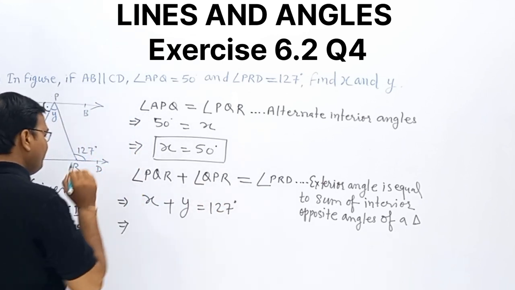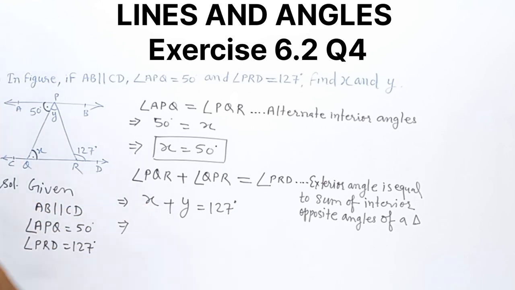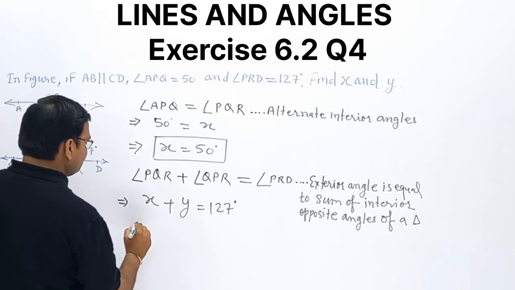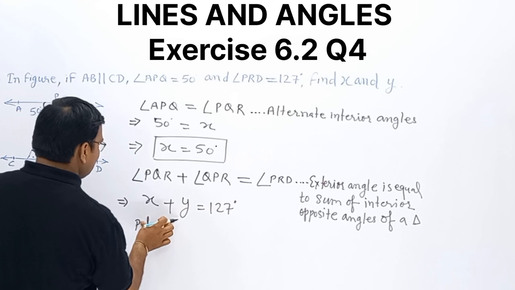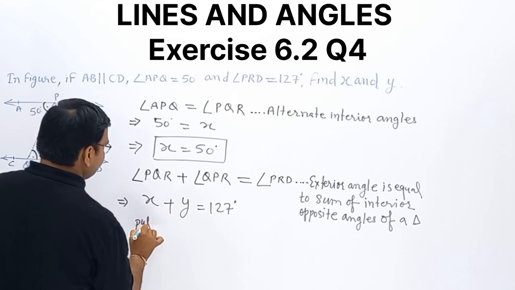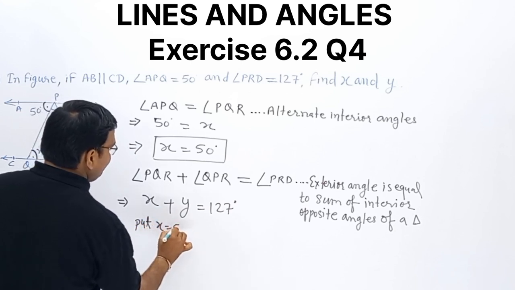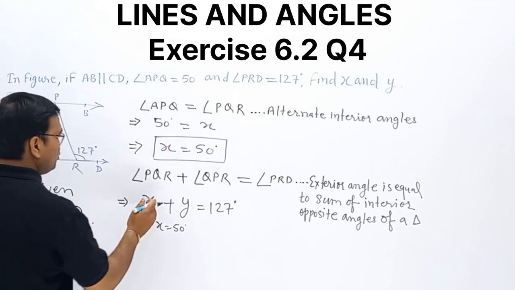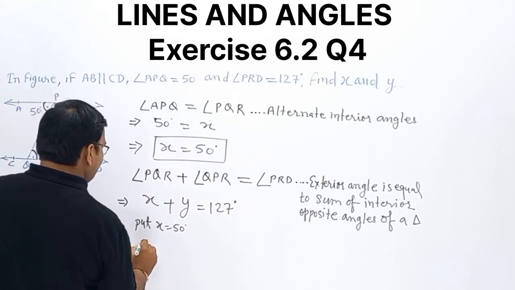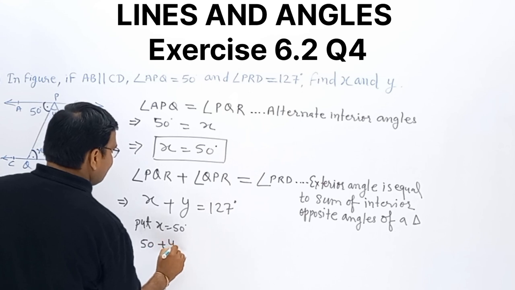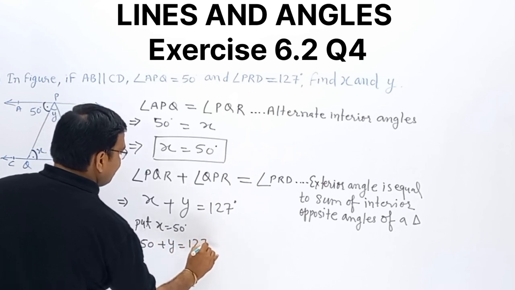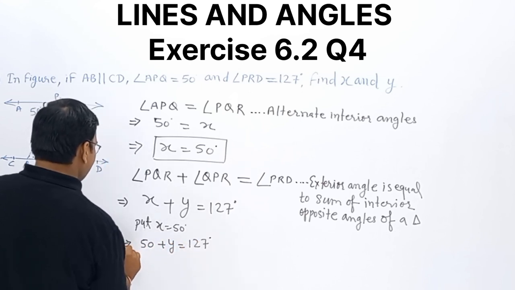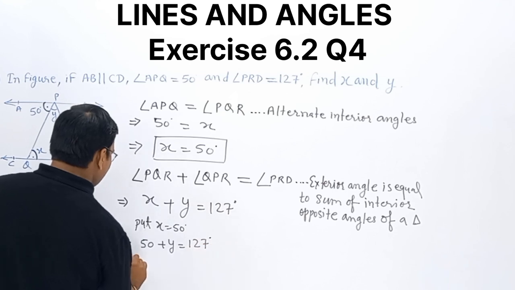Now we put the value of x that we obtained, x equal to 50 degrees. Then what we are getting: 50 plus y equals 127 degrees. Clear? Then solve this.